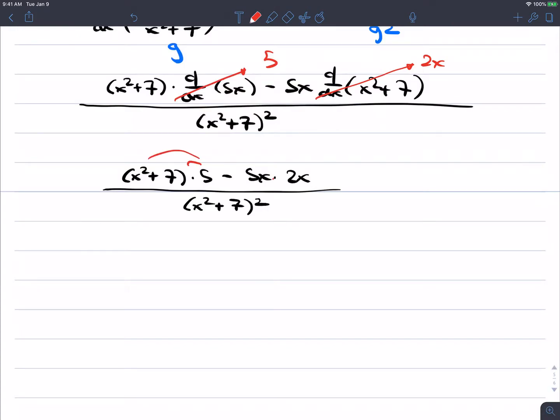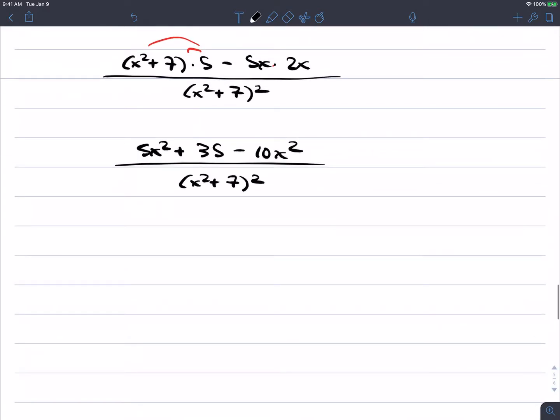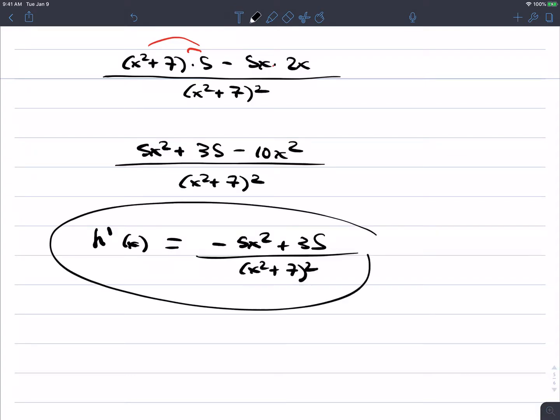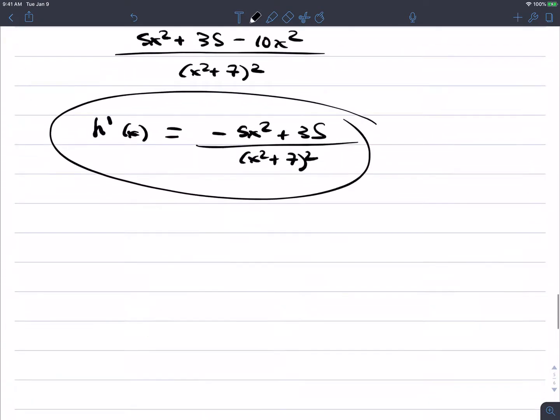Distribute and multiply. We get 5x squared plus 35 minus 10x squared, everything over x squared plus 7 squared. So when you combine your like terms now, for this derivative, we'll have negative 5x squared plus 35, everything over x squared plus 7 squared. And you're done. This is question number 9.